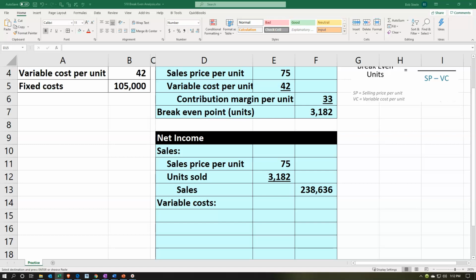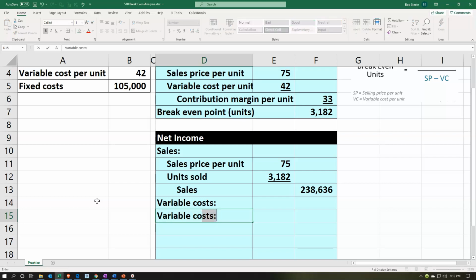But that's not really why they're here. They're here because they're changing with relation to the production level. So things in selling might be here too, such as sales commission. May be something that we put into variable costs as well. So variable costs, breaking it out by behavior. So what can we say will change with relation to unit sales changing?